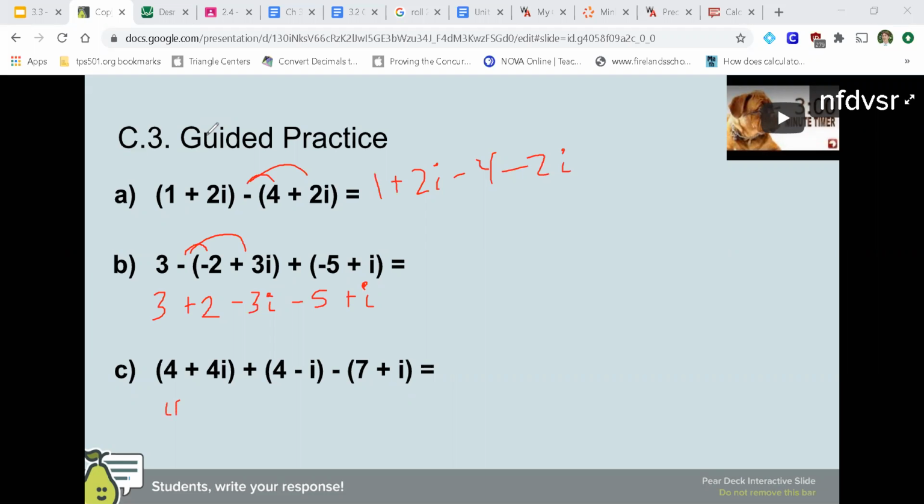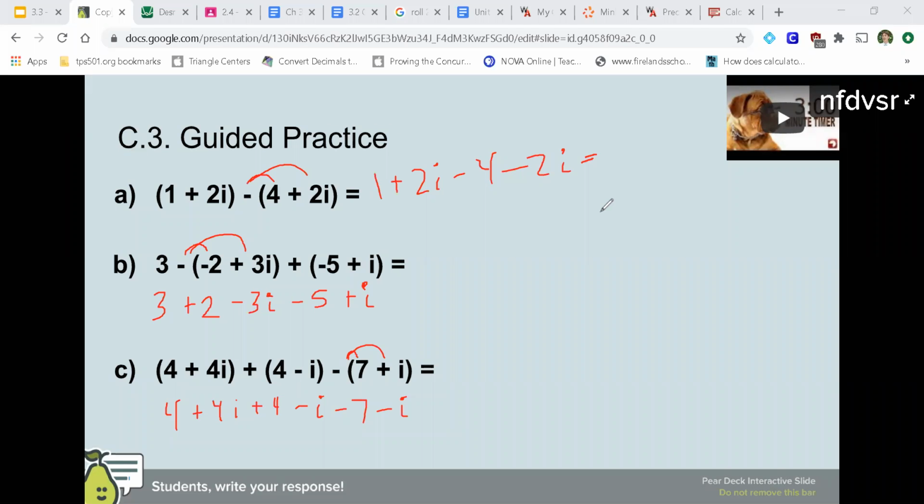For this last one, 4 plus 4i plus 4 minus i minus 7 minus i. Yep, you're absolutely right. And it's the sign changes that mess people up on these problems. So I might actually go through and distribute my negatives and get rid of all my parentheses because then it makes it a lot easier to do these.